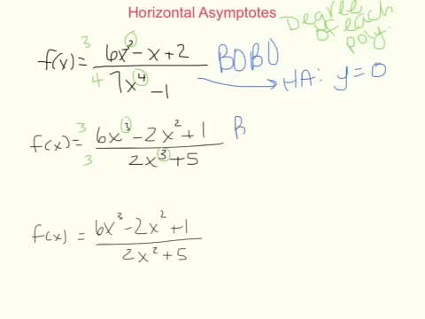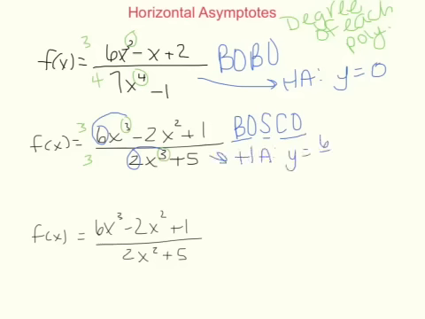So if they're both the same, you use the coefficients. I come back here and look at the coefficients of the terms where I got the degree from, 6 over 2. So my horizontal asymptote is 6 over 2, which is just 3.